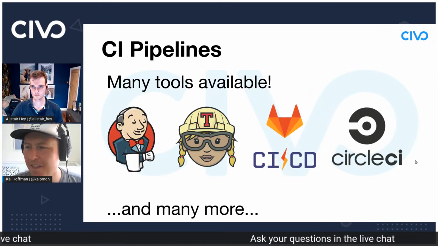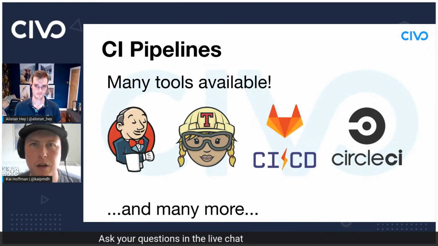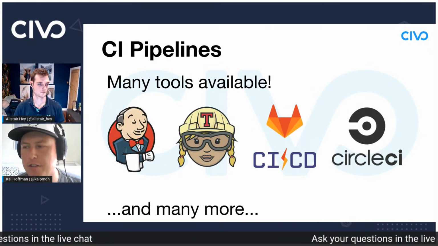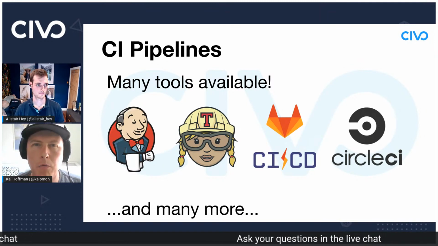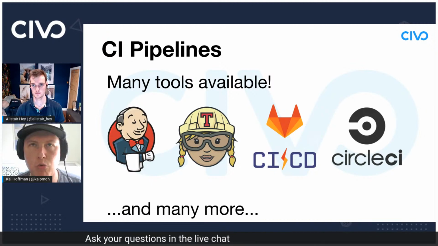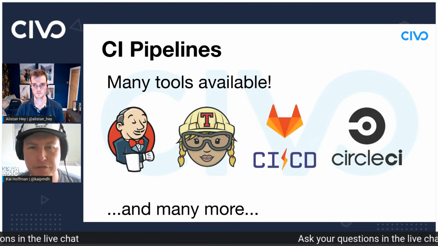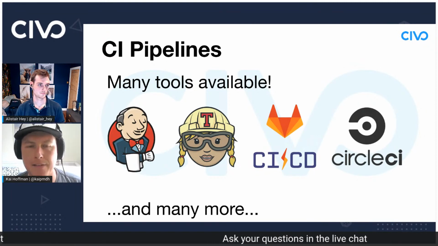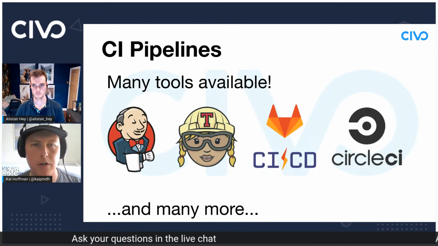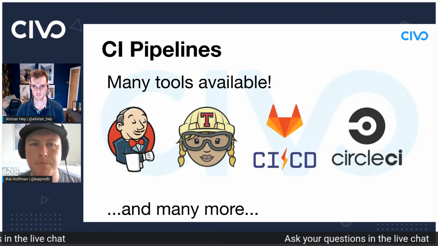So let's talk about continuous integration pipelines. We've talked about writing your tests and writing your code. And then what are the tools that you can use to extend those tests and make sure that what you're delivering is compatible, secure, and works with all the other bits of your application if you're using a microservices architecture?